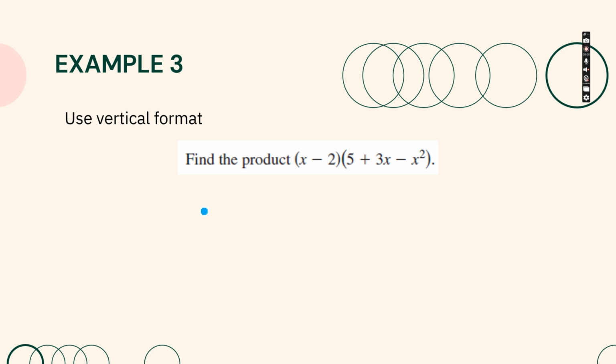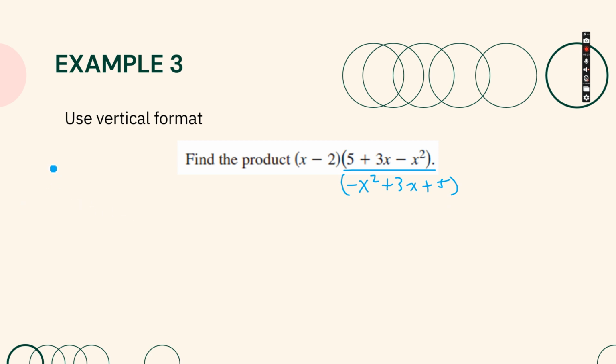Just might be a little bit interesting to do. It doesn't really matter if the polynomials are written in standard form or not. But in this case, I'll just go ahead and rewrite this 5 plus 3x minus x squared in standard form, which should be negative x squared plus 3x plus 5.